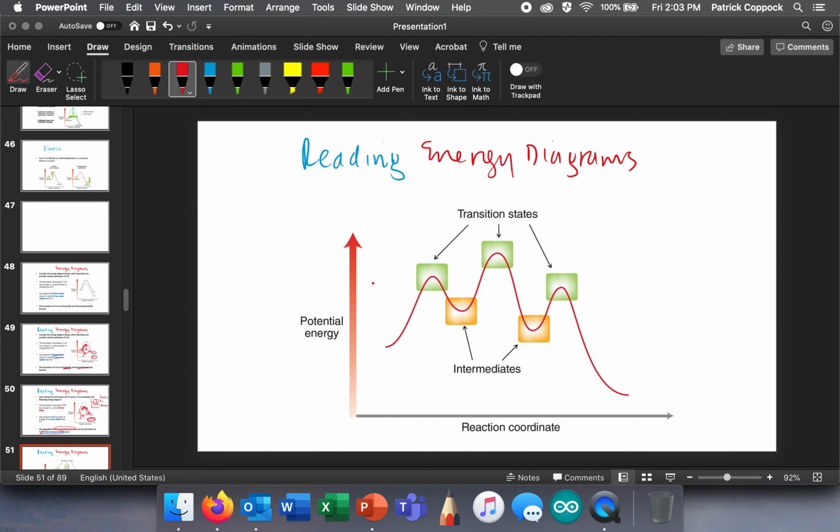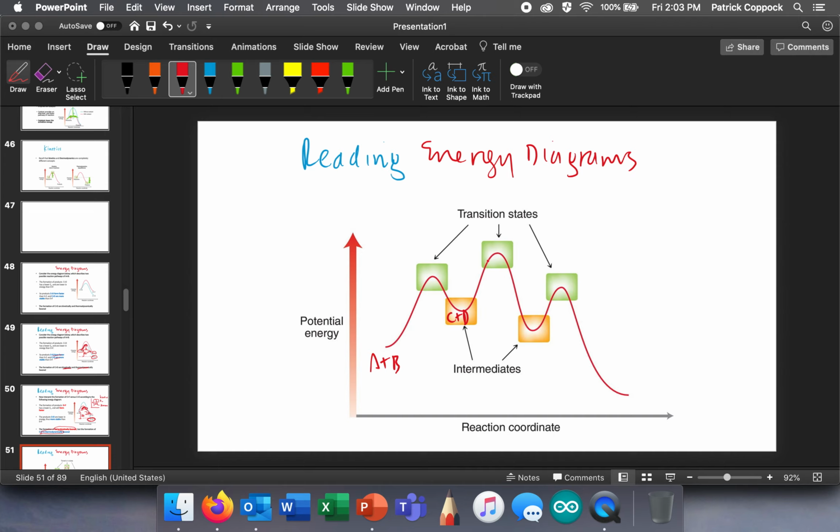Let's now consider that sometimes we have a more complicated energy diagram. Sometimes we have transition states, where, using A and B, this is a transition state because that's where we're getting the reaction to happen. Then we might get C and D here.